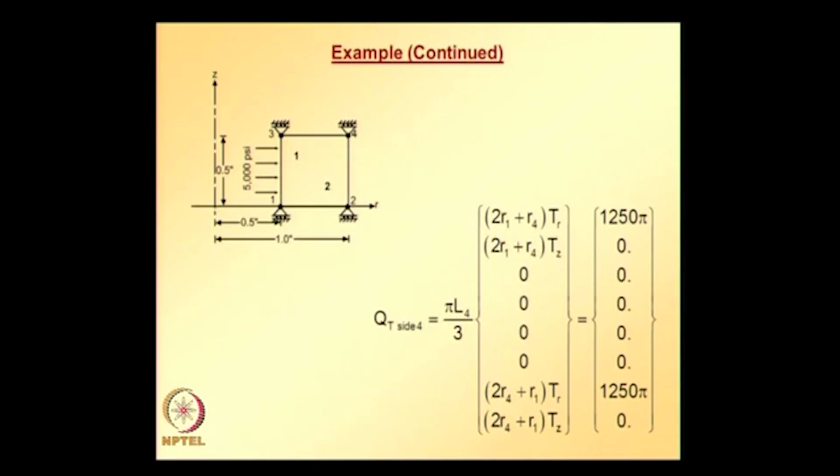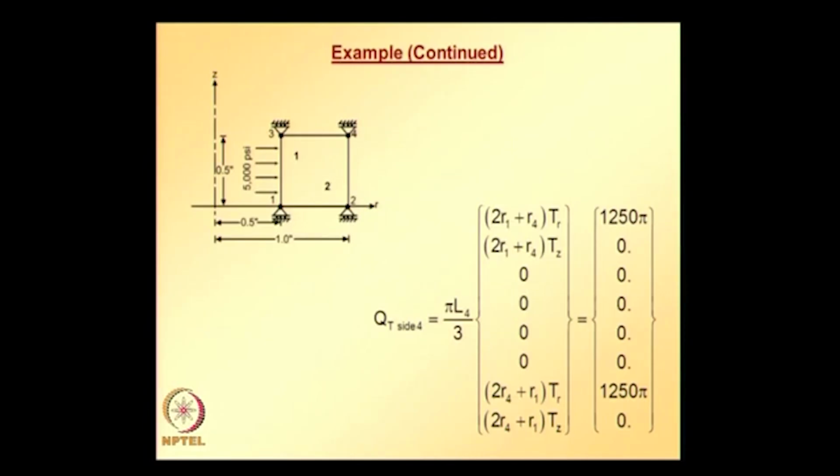Since there is no traction applied along the axial direction, the components corresponding to the axial direction are all 0 at all the 4 nodes, and since load is applied in the radial direction at local node 1 and local node 4, except at those locations, the other quantities are 0.